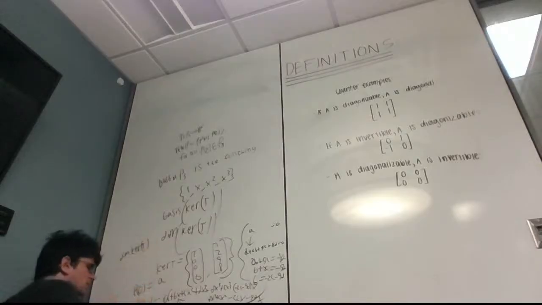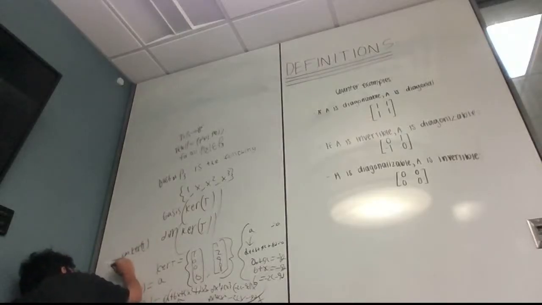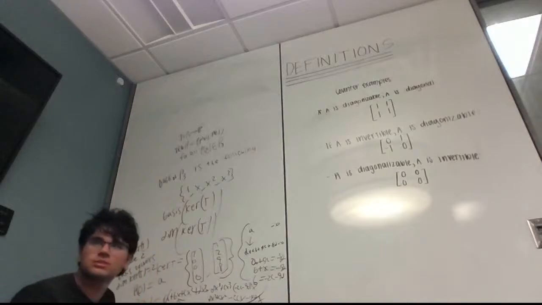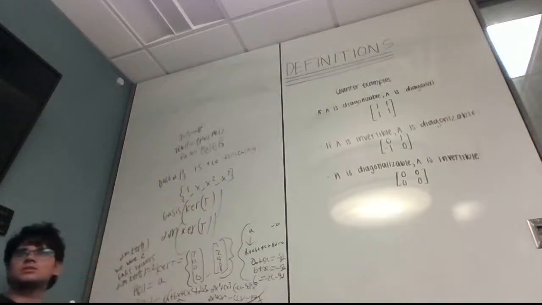Dimension of curve T. Well, notice how we have two basis vectors. Therefore, dim curve T is just 2. It's the amount of basis vectors we have.